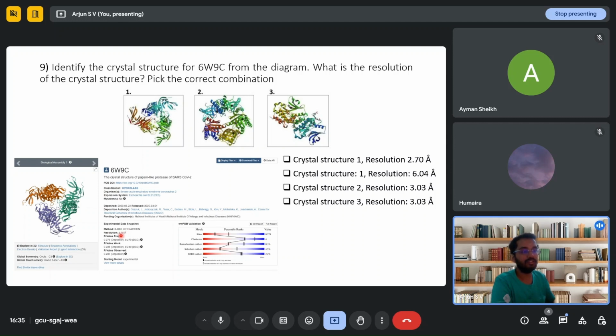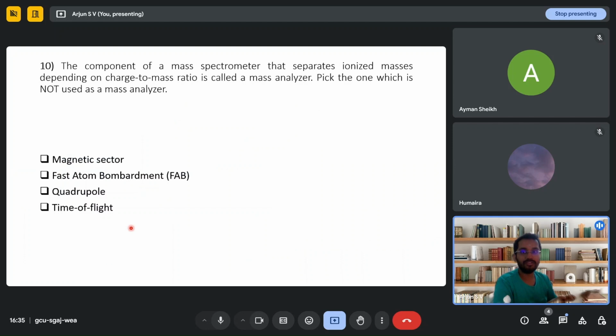And if you go to the resolution here, you can find that the resolution is 2.7 angstroms. And for the last question, the only technique here which is not a mass analyzer is fast atom bombardment.